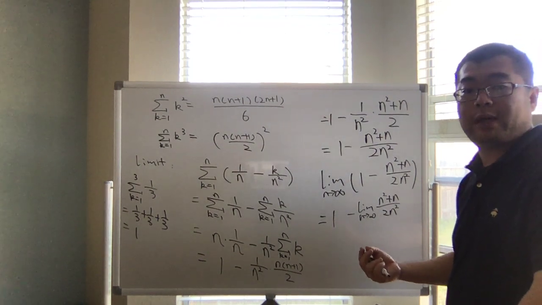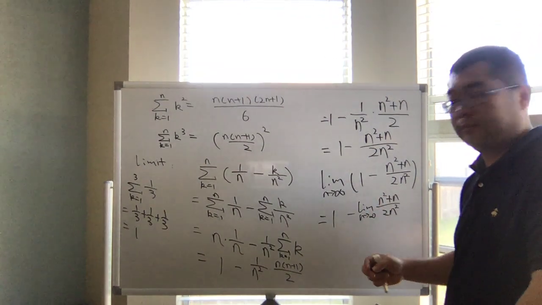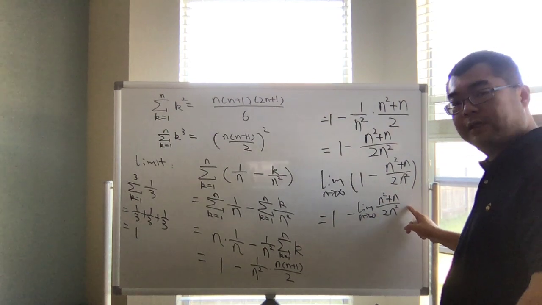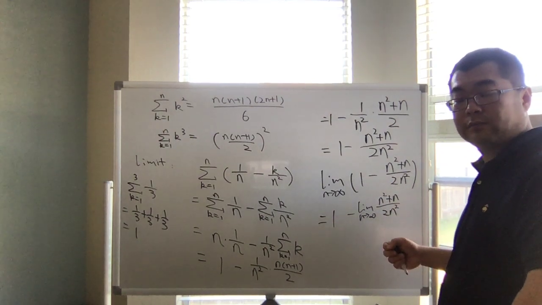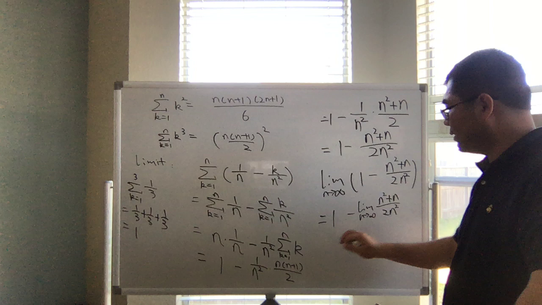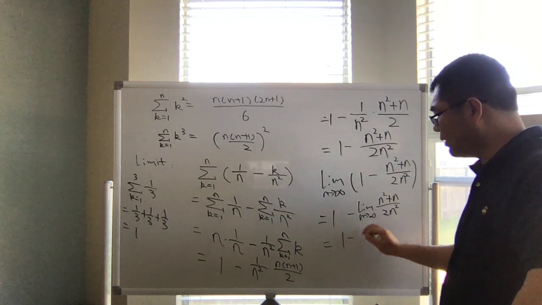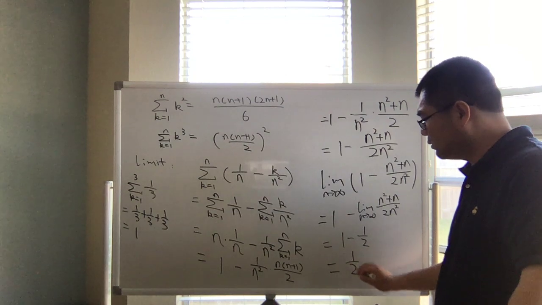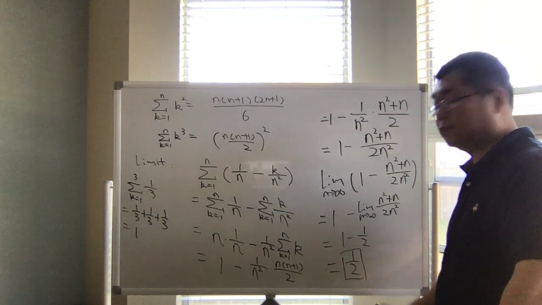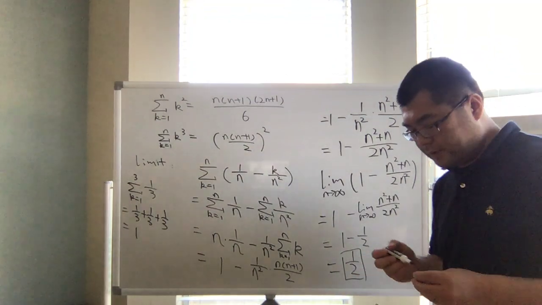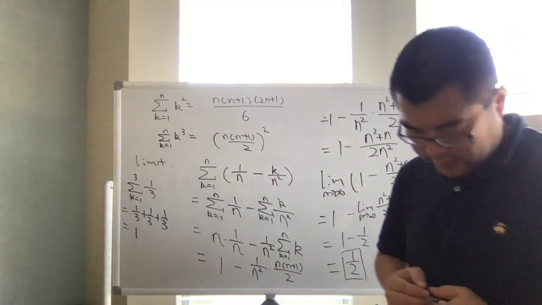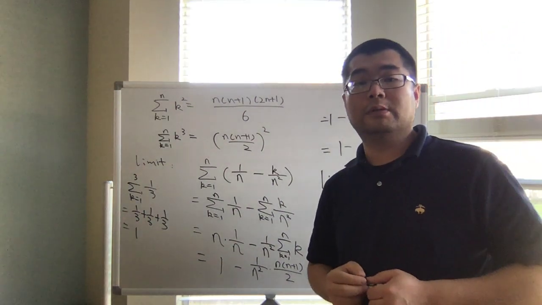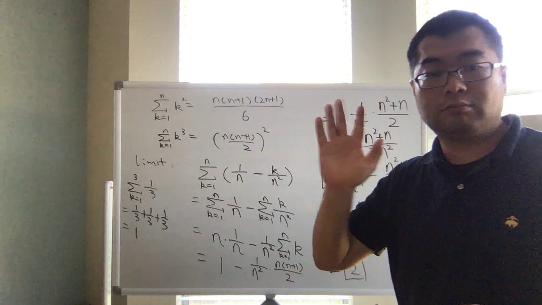Also, you can use L'Hopital's rule, because this is infinity over infinity, an indeterminate form, right? No matter which way you evaluate, it's going to be 1 minus 1 over 2. So that finishes the problem. Okay, this is everything I want to talk about in 5.2. So I'll stop here.